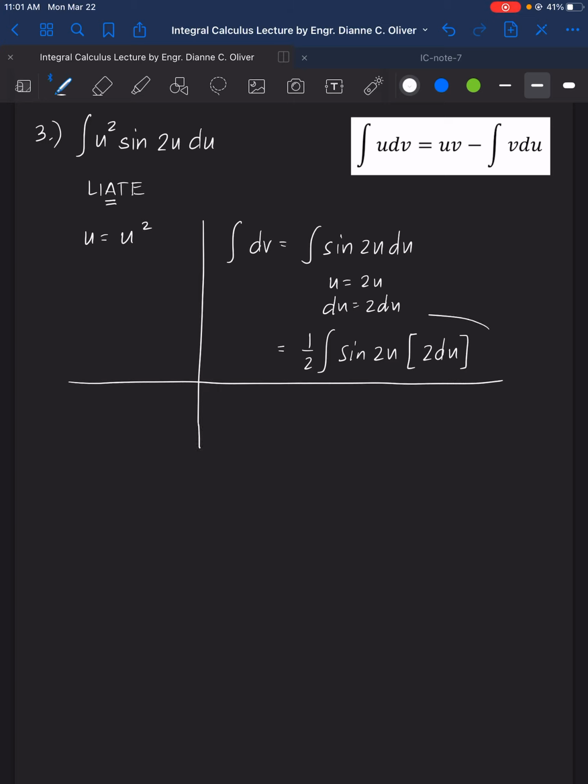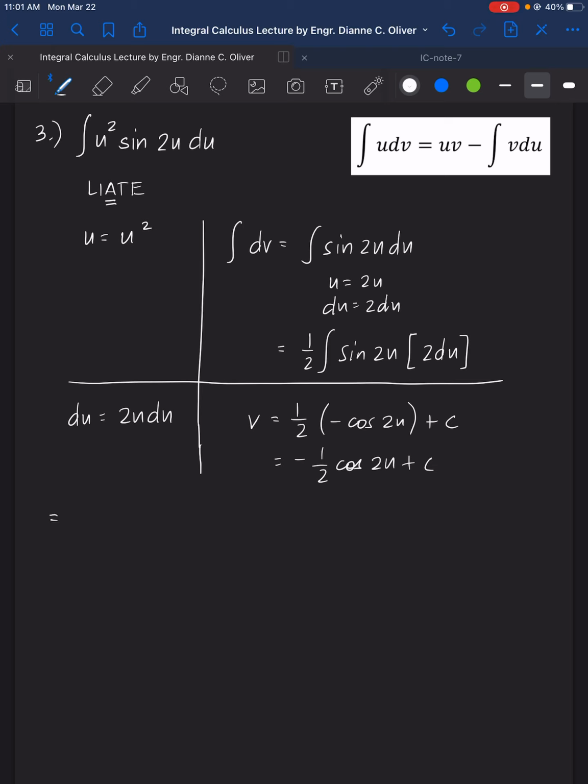Okay, so we will be using trigonometric function. So here we have du is equal to 2u du, then v is equal to 1/2 times the integral of sine 2u, which is negative cosine 2u plus c. So v is equal to negative 1/2 cosine 2u plus c.